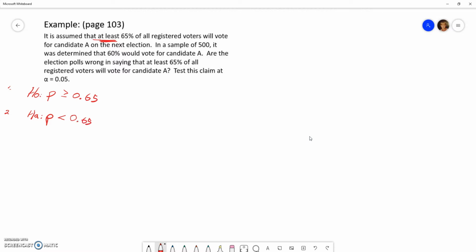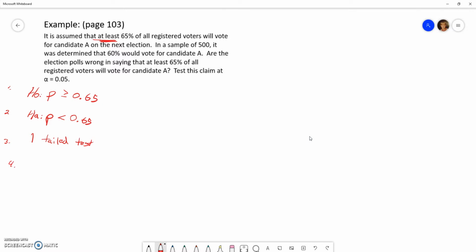One thing to remember, that the equality part, whether it's greater than or equal to or less than or equal to, that equal part is always part of the null hypothesis. So step 3 is determining if this is a one-tailed test or two-tailed test. This is a one-tailed test because of the inequality. Greater than, less than signs are one-tailed tests.